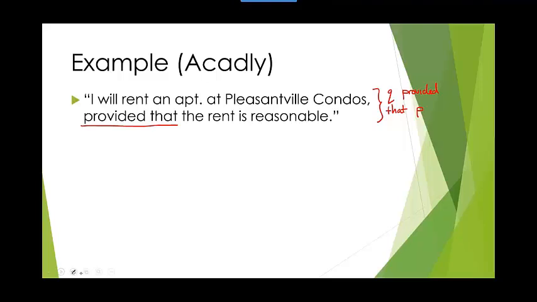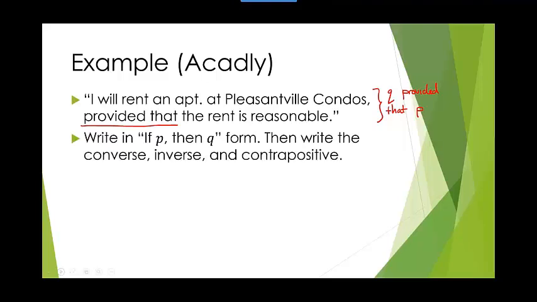All right, we're good. So, Q provided that P. Let's first rewrite it in if P then Q form. The second part of the original sentence is the P. So the conditional is going to be: if the rent is reasonable, then I will rent an apartment.